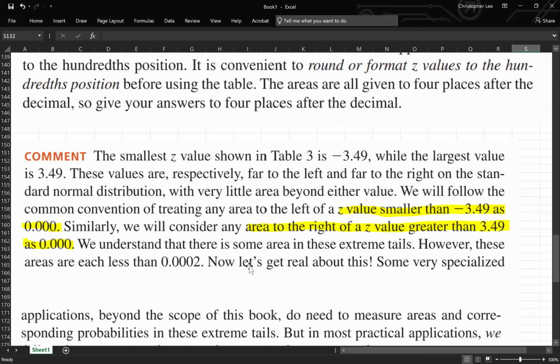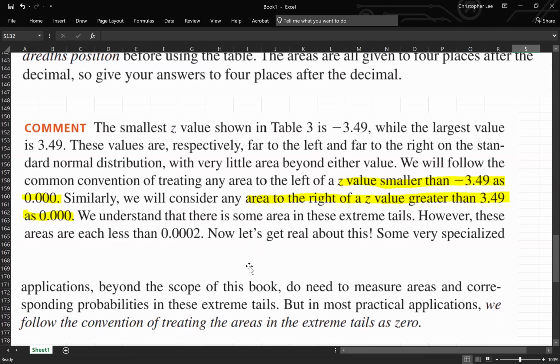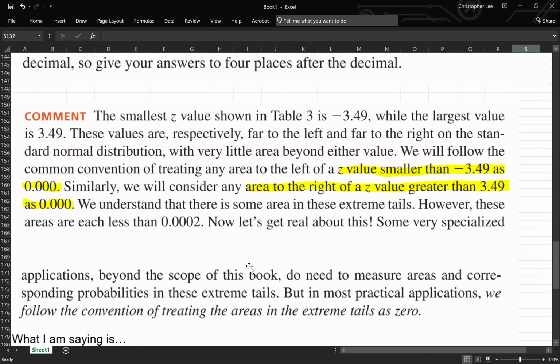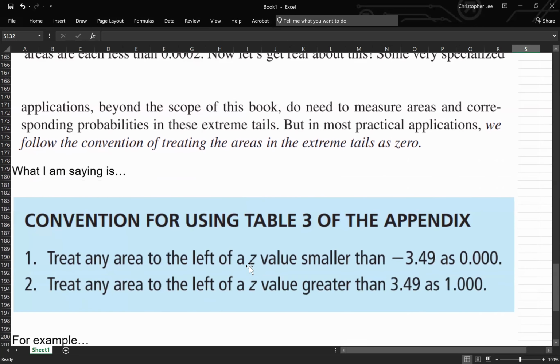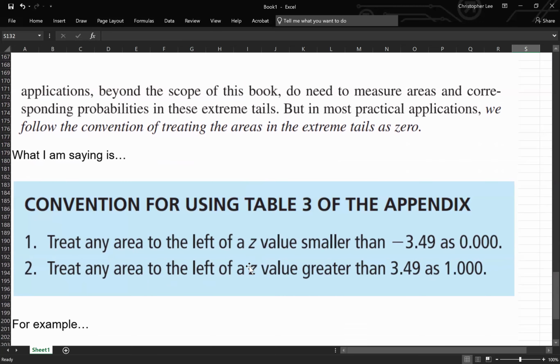Now, let's get real about this. Some very specialized applications beyond the scope of this book do need to measure areas and corresponding probabilities in these extreme tails. But in most practical applications, we follow the convention of treating the areas in the extreme tails as zero. So what I'm saying is, the convention for using table 3 of the appendix: treat any area to the left of a z value smaller than negative 3.49 as zero.